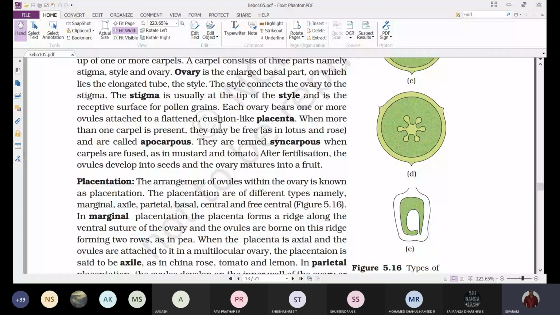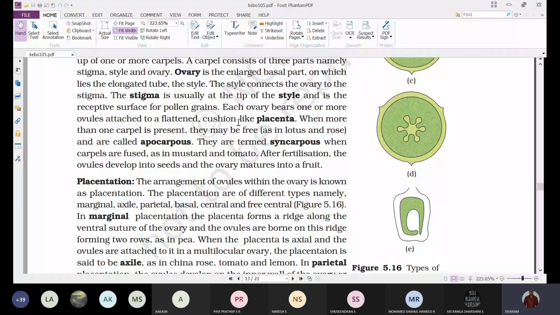One or more ovules are attached to this placenta inside the ovary. For example, in the flower of paddy, the ovary encloses only one ovule.